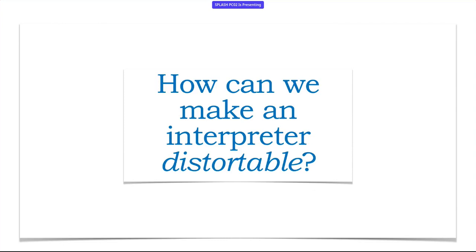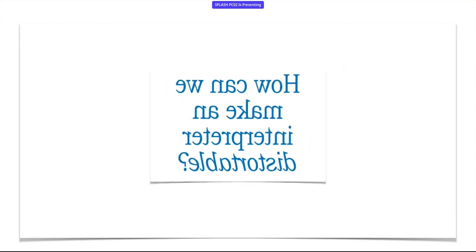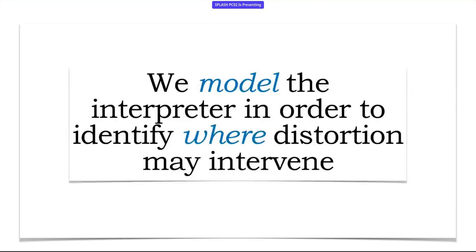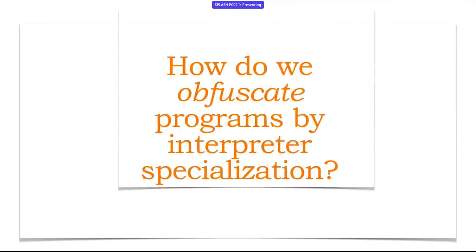In order to solve this problem, we provide a formal model for interpreters, identifying the two different phases of interpretation, which allows us to identify precisely where distortion may intervene.